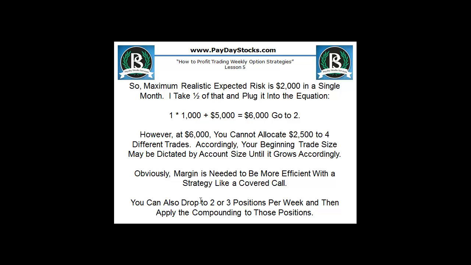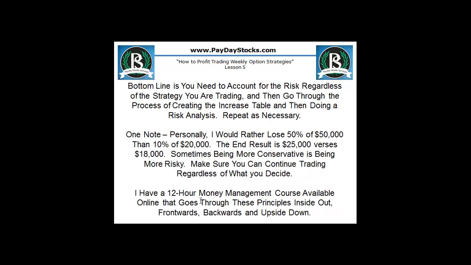Now, one note that I'll make: personally, I would rather lose 50% of $50,000 than 10% of $20,000. Okay, the end result is $25,000 versus $18,000 after the largest drawdown, or the maximum expected risk. So sometimes, in other words, being more conservative is actually being more risky.